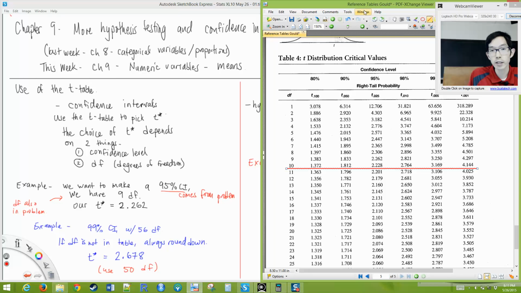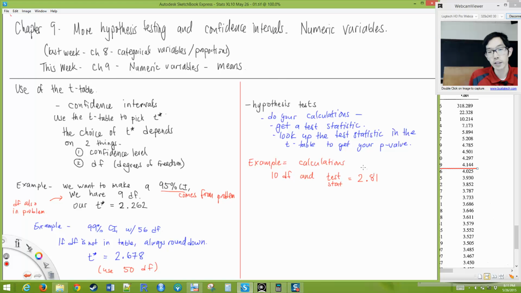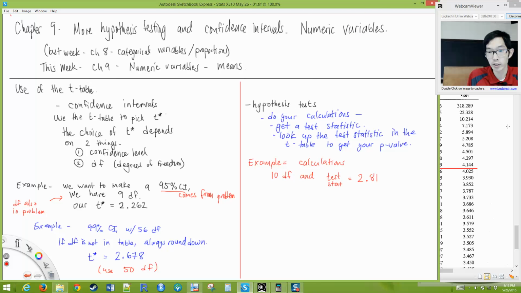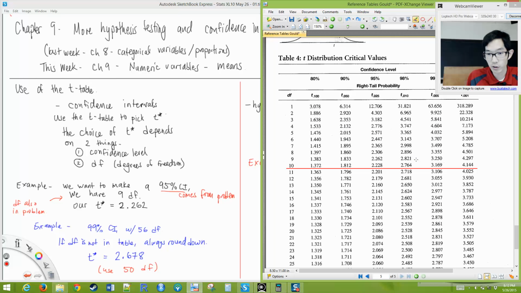And then I'm going to say, if I had to put this number 2.81, where would it fit? So 2.81 is bigger than 2.764, but smaller than 3.169. So 2.81 fits in between here and here.